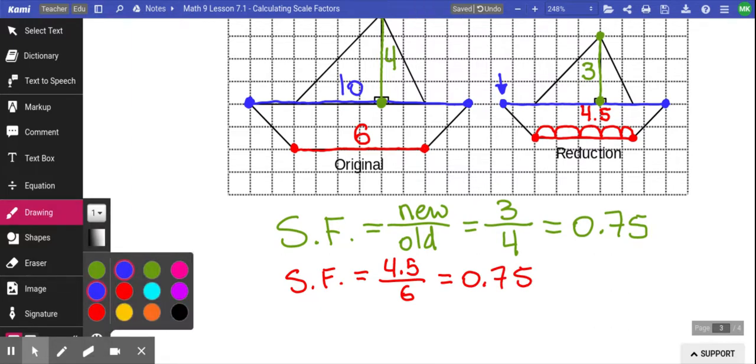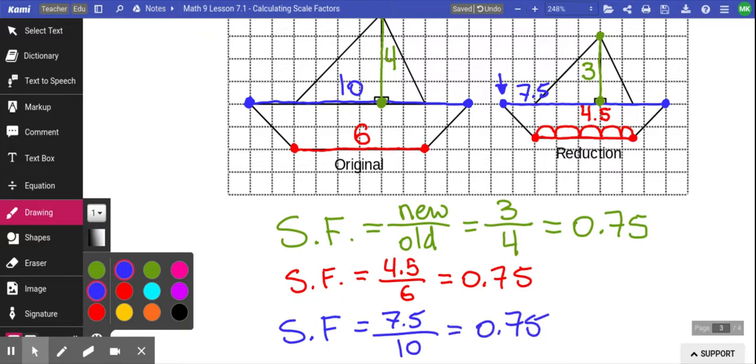If you do the blue one, the scale factor would be the new, which was 1, 2, 3, 4, 5, 6, 7.5, divided by our old, which was 10. That's 0.75 as well. So you'll see that every single length should have the same scale factor. I just don't like doing the decimal ones because they're usually not as easy to work with. I'd rather find the green one where it's whole numbers only.